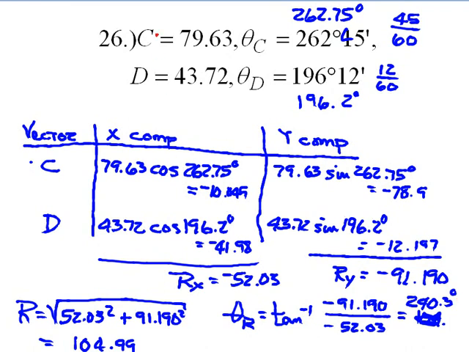Okay, what does that mean? That means our Rx is negative 52.03. Our Ry is negative 91.19. And here's our resultant. It is in the third quadrant.